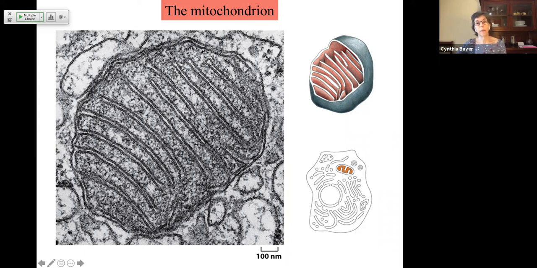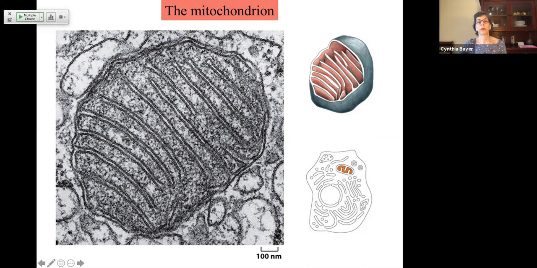And the membranes also separate 2 compartments. The innermost compartment we call the matrix. This is where the citric acid cycle occurs. All of the enzymes driving the citric acid cycle, the enzymes that are converting pyruvate to acetyl-CoA, that pyruvate has to be transported across both membranes.